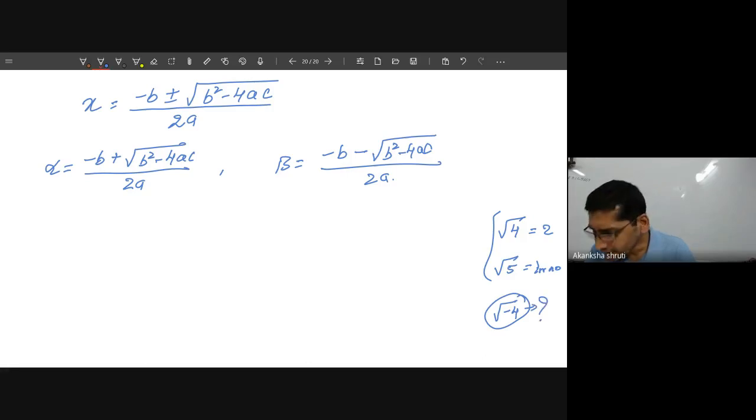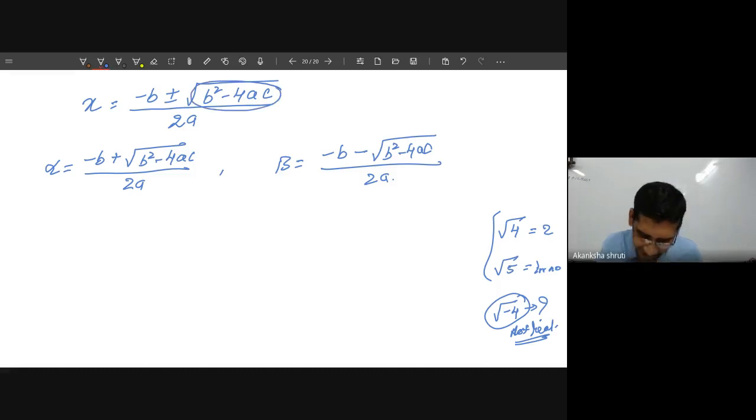Student, if during calculation you are getting under root of minus 4, it is not real. But this depends on whatever the value inside this root is.